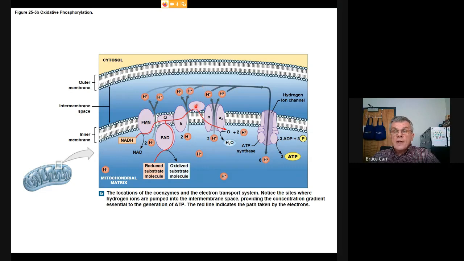So the electrons are now on that middle step in the stairway, C, and it goes to A. Notice there's no pumping there. So that's more loss. But when it goes to A3, it pumps two more hydrogen. So the point is this: two electrons from NADH is going to move 6 hydrogen ions to get to A3. From FADH2, it's only going to move 4.